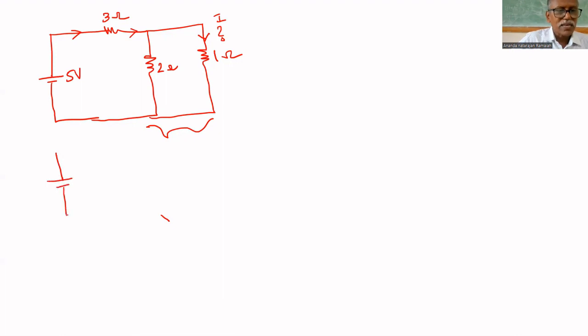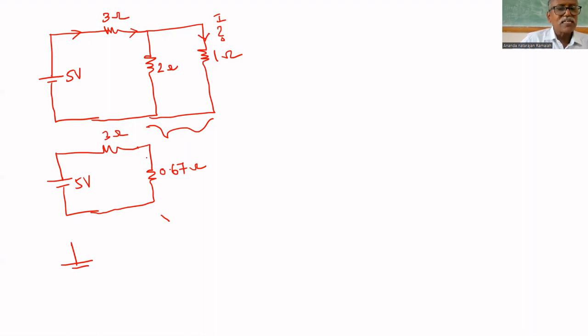Yes, what you are saying is correct. 5 volt, 3 ohm. The parallel combination of this is 1/2 plus 1/1, then for that answer you have to find the inverse. You will get 0.67 ohm. Now these two are in series.